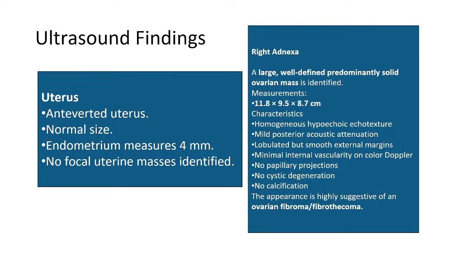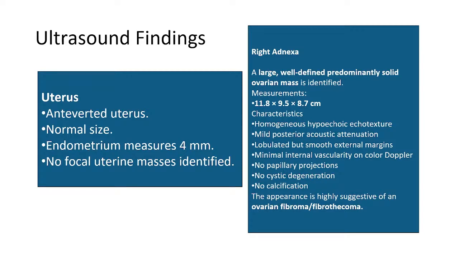Ultrasound findings: the uterus is anteverted, normal size, endometrium measures 4 millimeters, no focal uterine masses identified. Right adnexa: a large, well-defined, predominantly solid ovarian mass identified, measuring 11.8 by 9.5 by 8.7 centimeters.